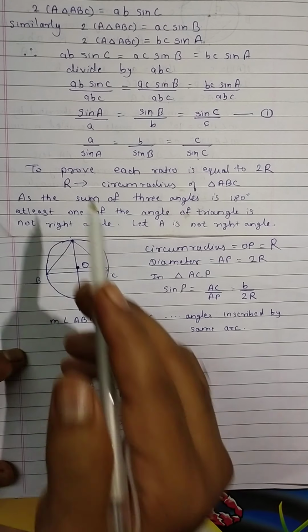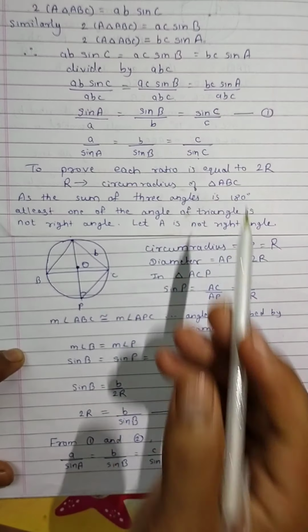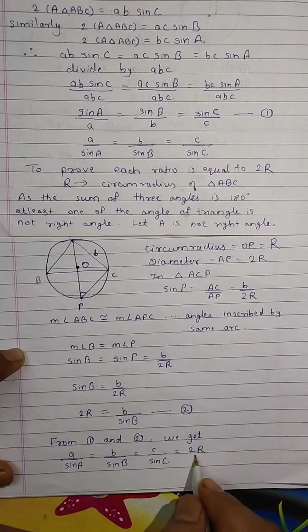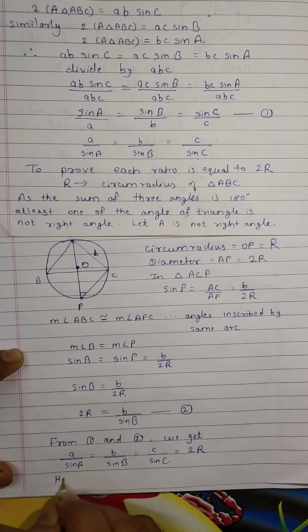Therefore the remaining two ratios also have the same value, that is 2R, and hence we are proved.